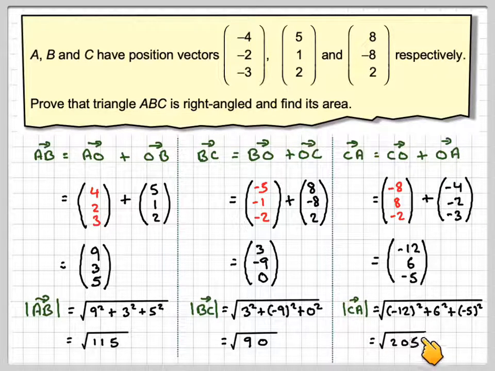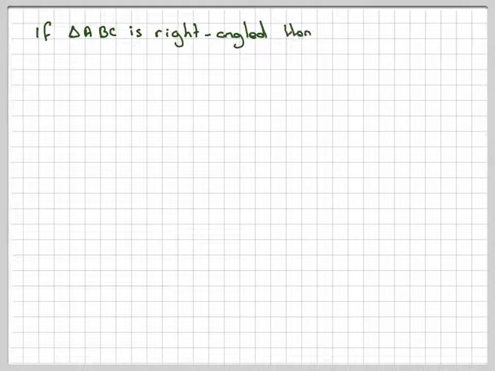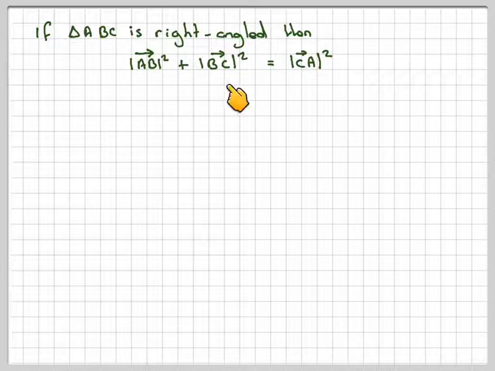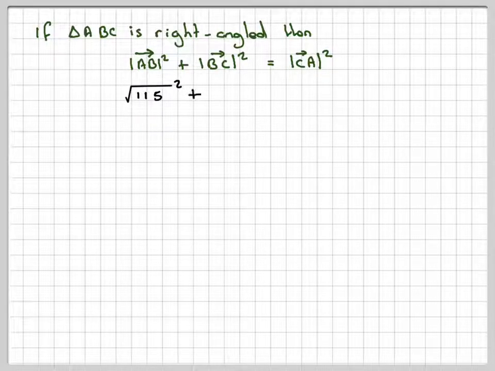So obviously CA is the longest side. So we've got to show that that squared plus that squared will be equal to this squared. So the magnitude of AB squared plus the magnitude of BC squared is equal to the magnitude of CA squared. If it is right angled, it will obey Pythagoras' theorem. So the magnitude of AB squared plus BC squared will be the square root of 115 squared plus the square root of 90 squared.